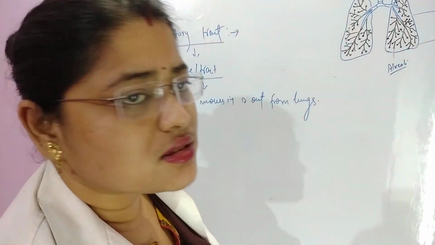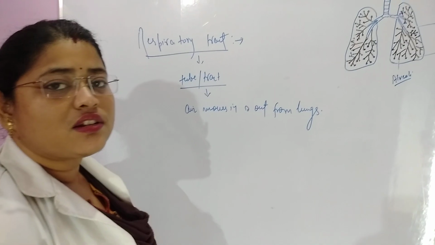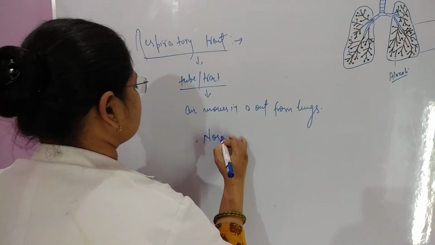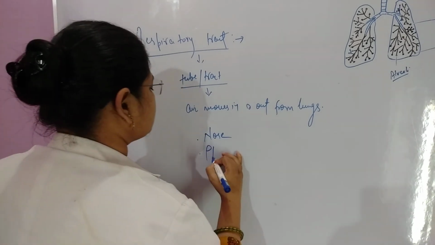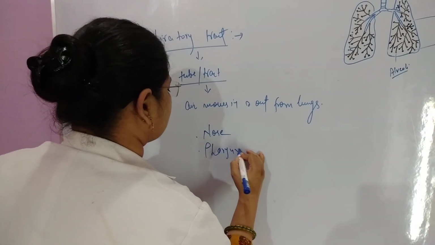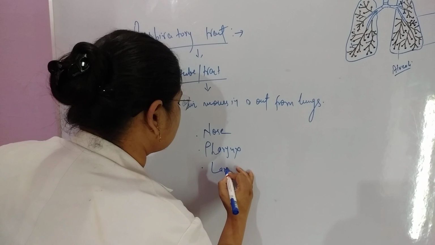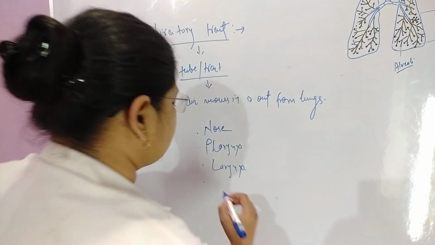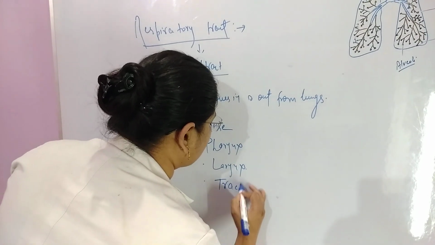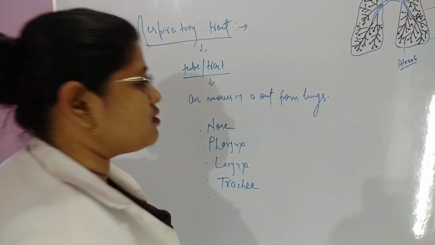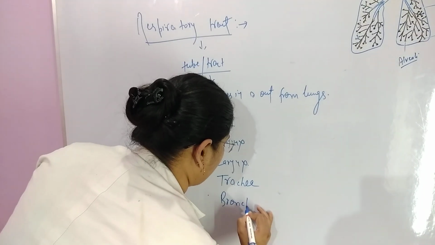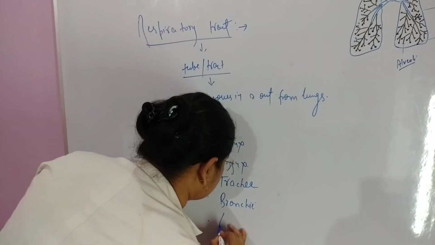Which structures come in the respiratory tract? First is the nose, second is pharynx, third is larynx, fourth is trachea, then bronchi and lungs.